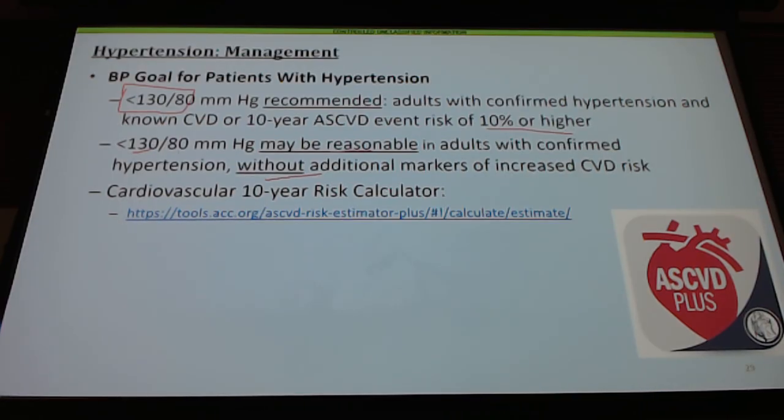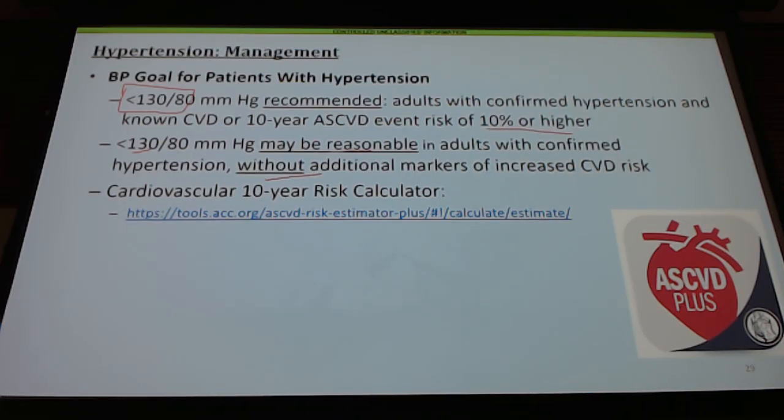The answer is no, because you still meet that goal in a patient who is overall low risk. Same goes if they're not on any medications, but they have a low risk and their blood pressure is in the 130s over 80s. Do you need to start them on a medication? The answer is no, not necessarily.